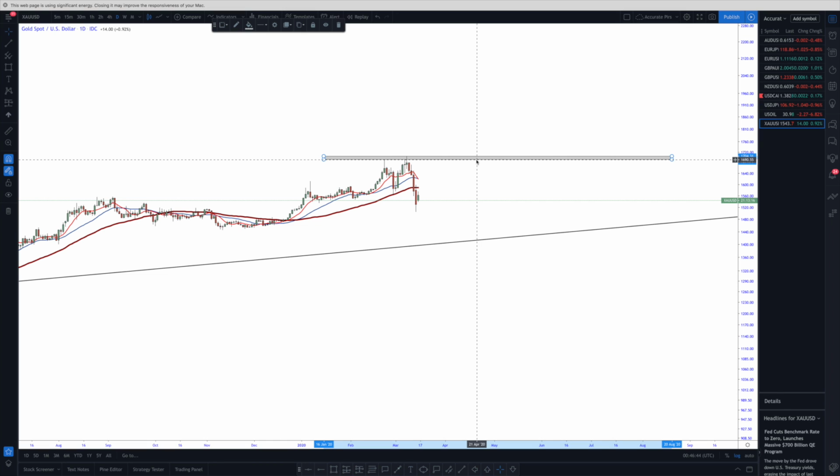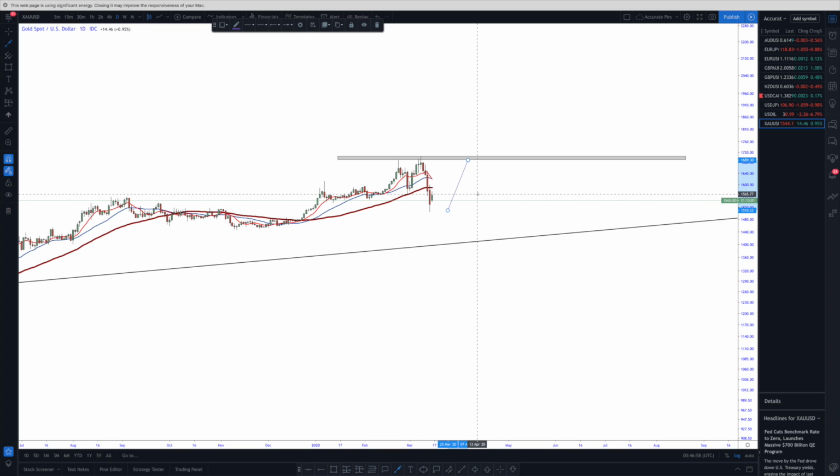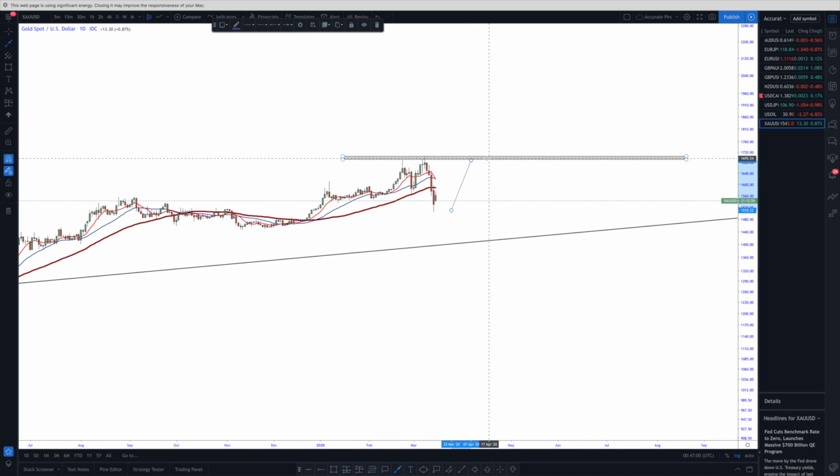Look out for any shooting stars, any pin bars, any candlestick reversal patterns. Just watch how the market reacts and play around that area.